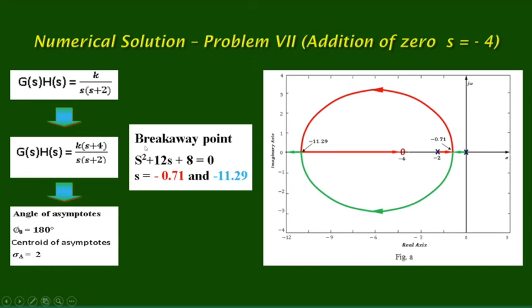So calculate the breakaway point using the characteristic equation, dK/ds equal to 0. From this equation we get s² + 12s + 8 = 0, and we get two roots: one is minus 0.71, another is minus 11.29.